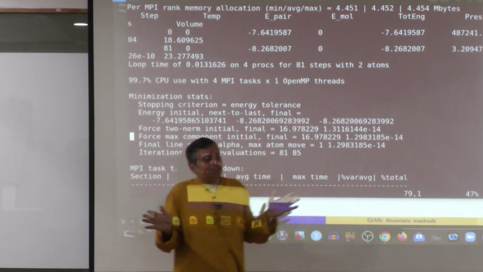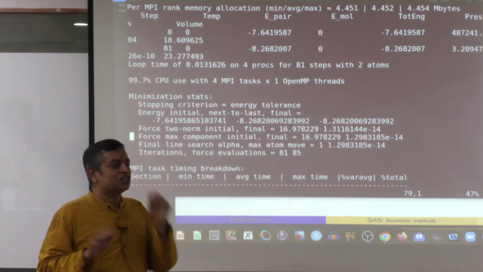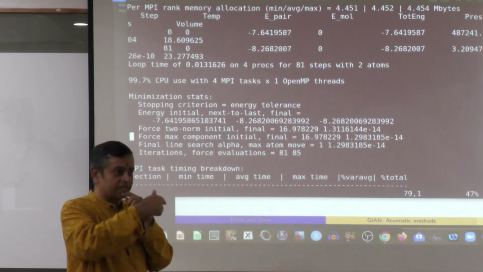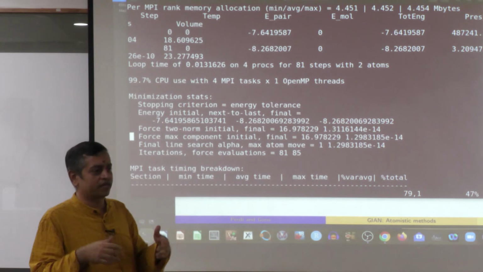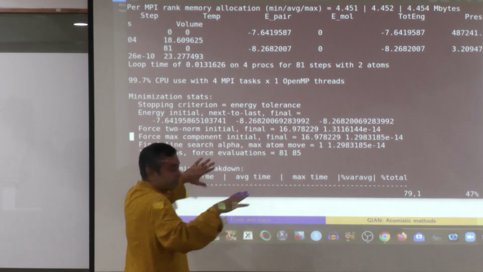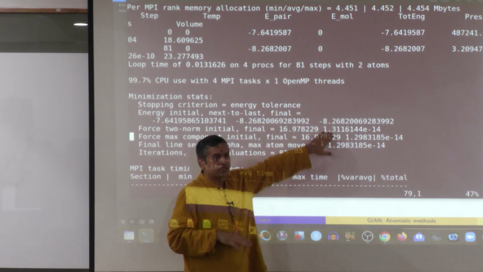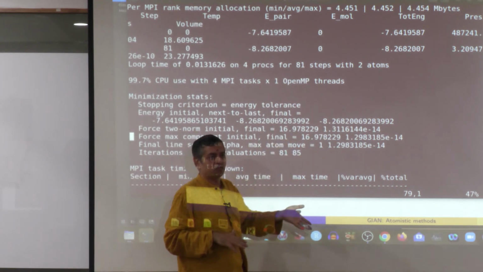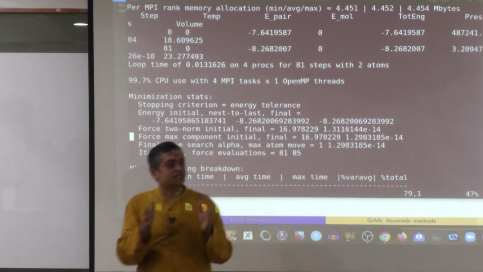You can decide whether this force is small enough for you to stop or not, right. In the other case where I told you about, there were some strange results and I was wondering why, and then when we opened the log file, we found that it was some 16.9 and some 15.8 and energy criterion met, it had come out. So, that is where you have to go read the log files.